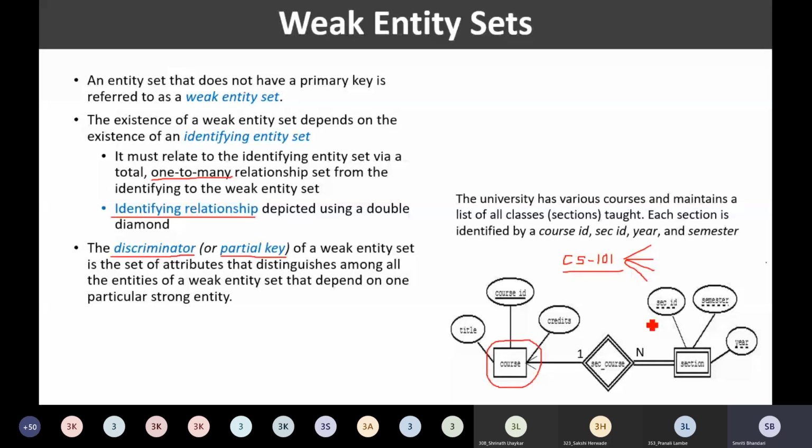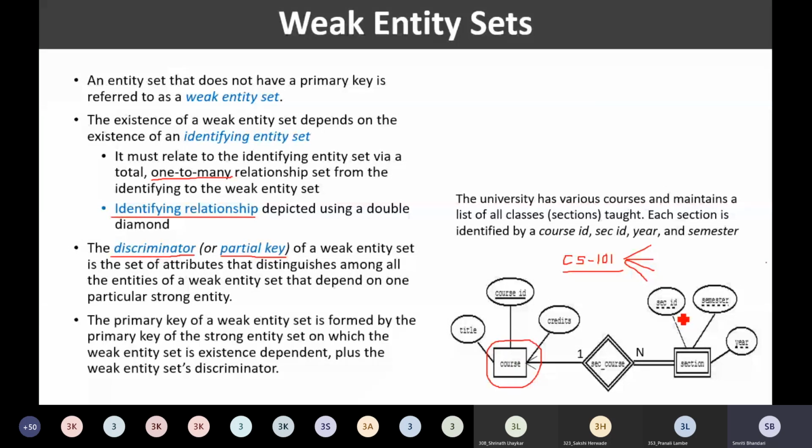The attributes or set of attributes that help me to distinguish among the entities of a weak entity set that depend on a particular strong entity set, this combination of attributes is known as a partial key or a discriminator, and the discriminator is depicted by making use of a dashed underline.